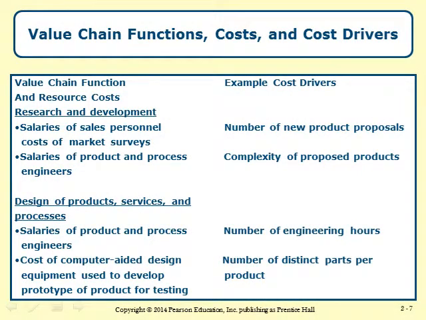An organization has many cost drivers across the various activities of its value chain. This exhibit lists examples of resource costs and potential cost drivers for activities in each of the value chain functions. How well we identify the most appropriate cost drivers determines how well managers understand cost behavior and how well managers can control costs.